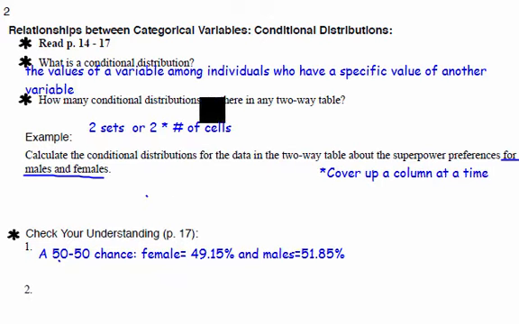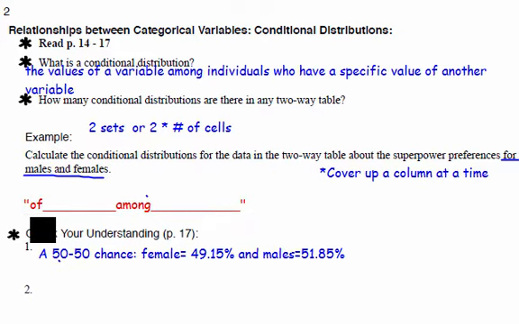So when we're talking about this conditional distribution, we want to say the conditional distribution of the superpowers among women, or the conditional distribution of superpowers among men. So we can think of it as "of" and "among."